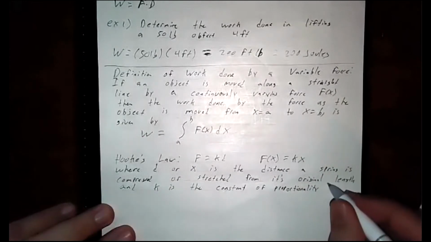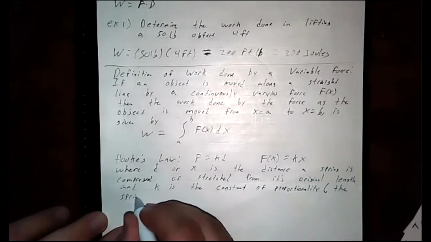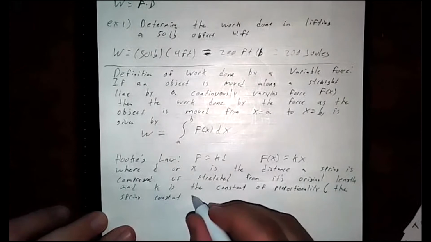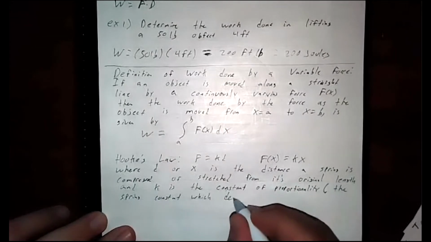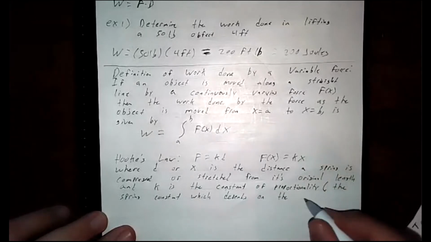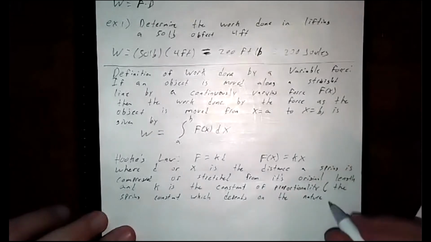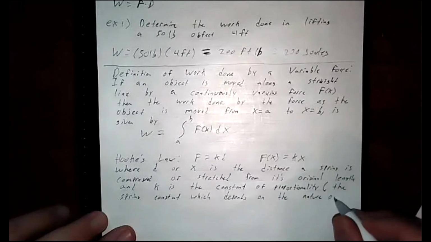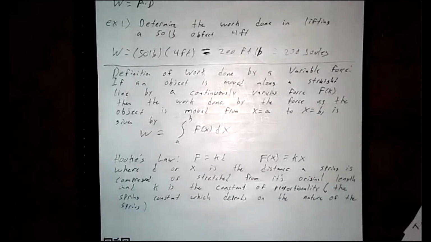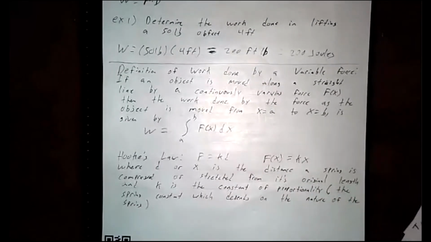So I'll just put in parentheses here, also known as the spring constant, which depends on the nature of the spring. Depending on what kind of spring you have, you get different spring constants.